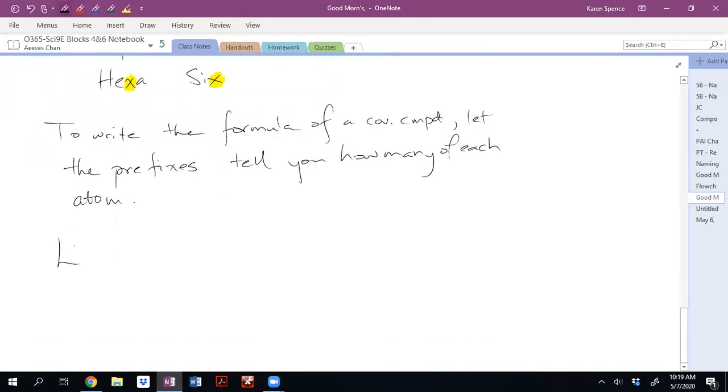Okay, so for example, if I had P4O7, that's the formula. Let's try another one.